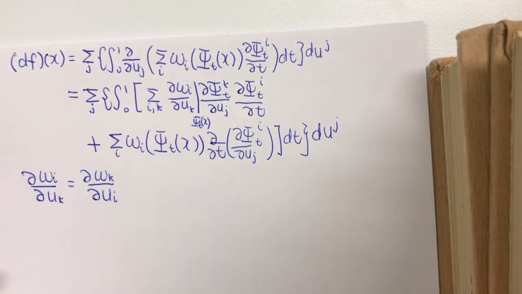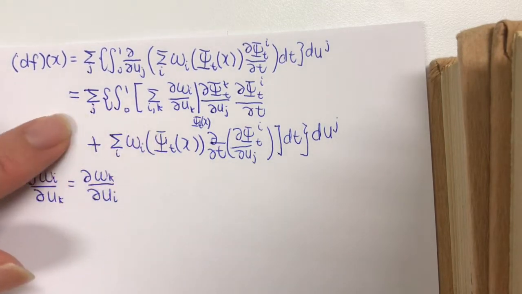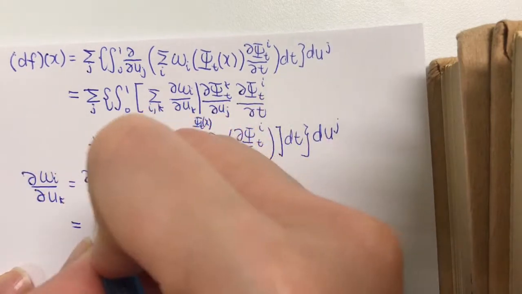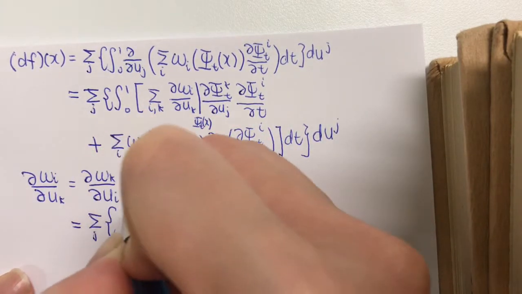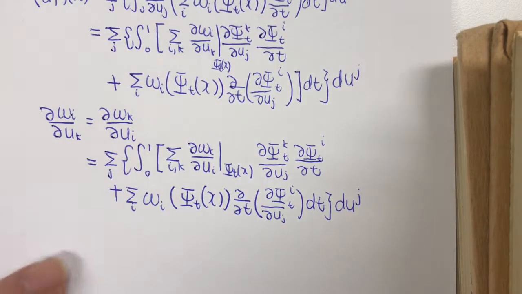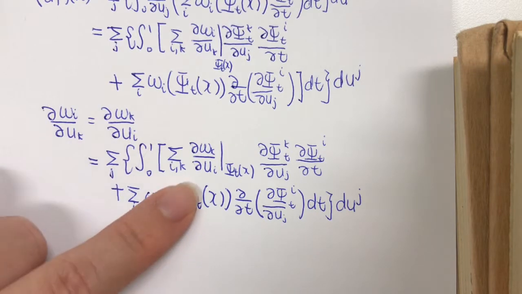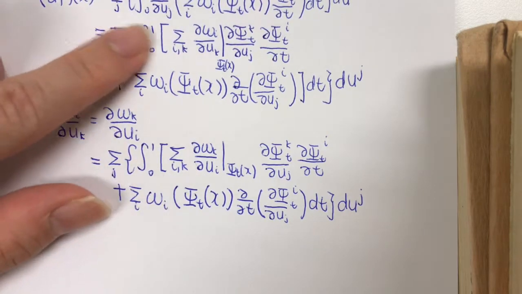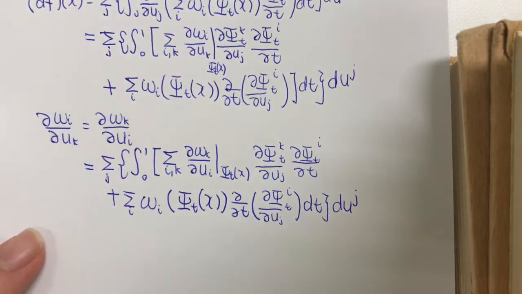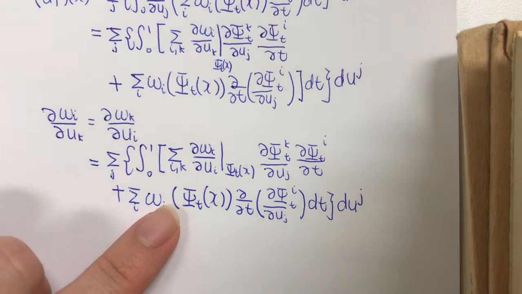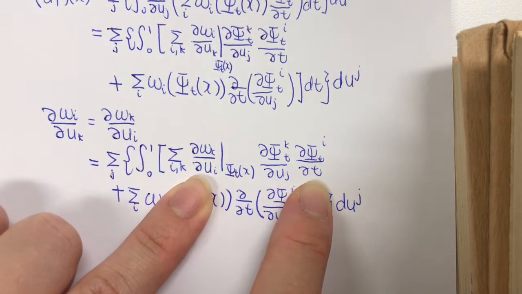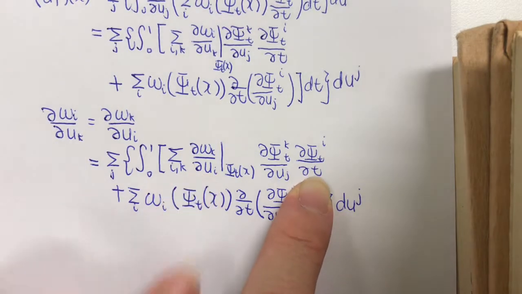If we apply this relation to this equation, we can rewrite this equation in this form by just swapping i and k for the first term of the integral. And now we notice that these two terms are actually chain rules, so we can further combine them.